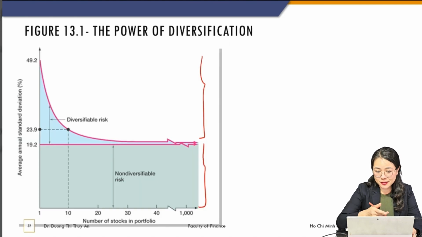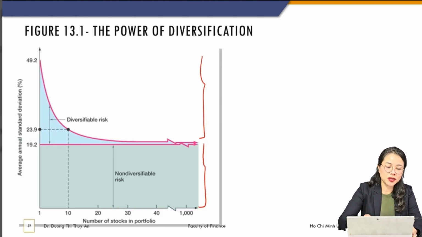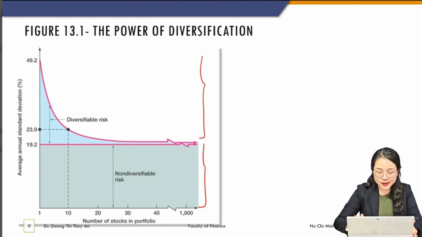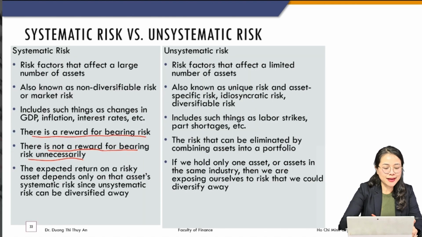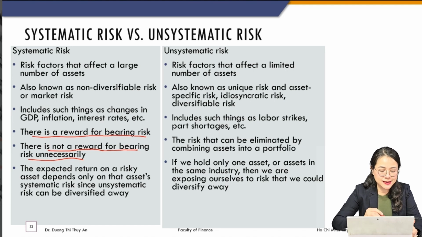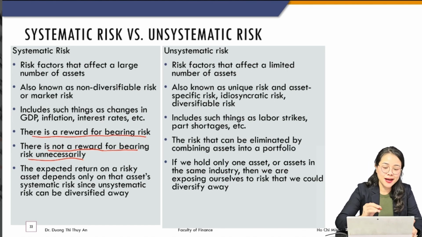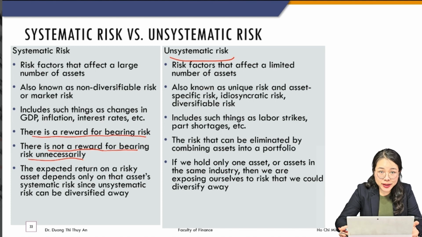This figure illustrates that by diversifying, you can eliminate the diversifiable risk, the unsystematic risk. So that risk should not be there, right? That is the unnecessary risk, the unsystematic risk here, because you can diversify it away.